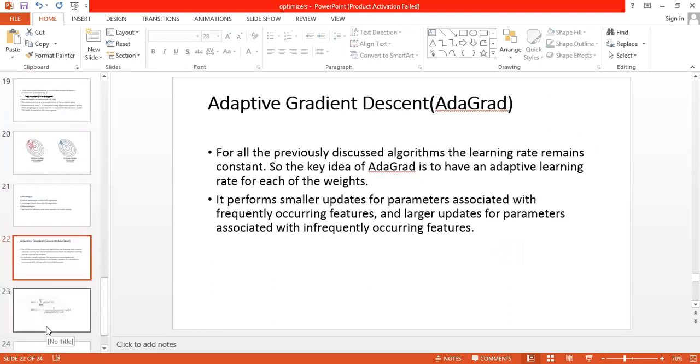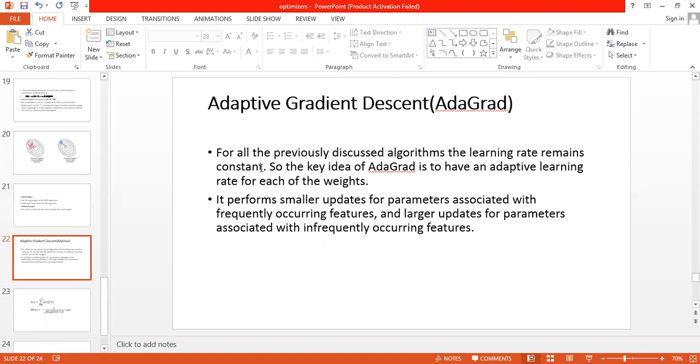Now next is adaptive gradient descent. So what is adaptive gradient descent? In the previous optimizers we were working on the calculation of the gradient, and what changes we can make in the gradient calculation, trying to reduce the noise also.